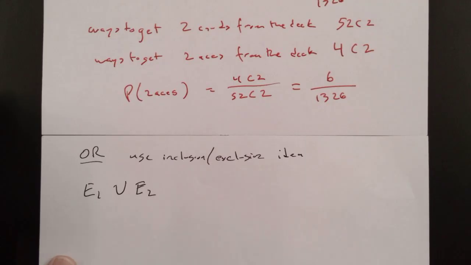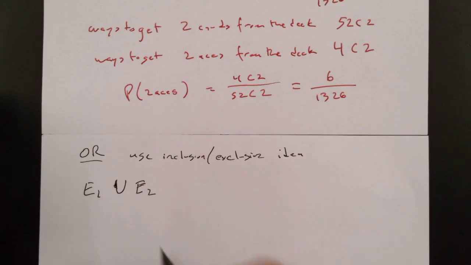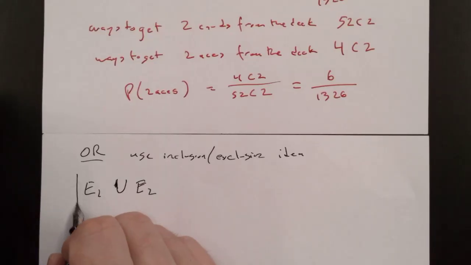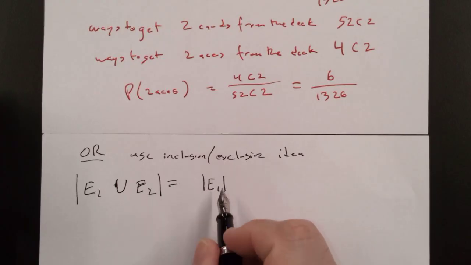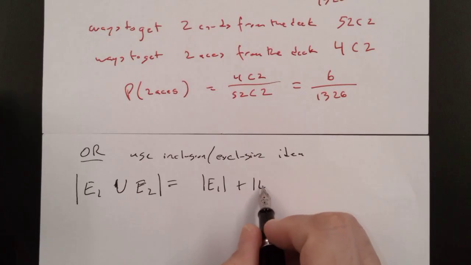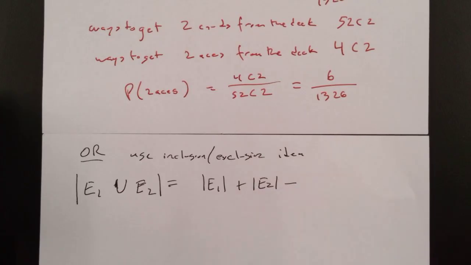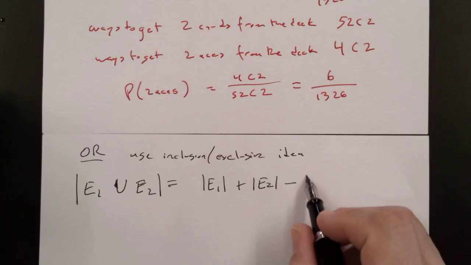I even used the union symbol from our set notation. How many things in this union of 2 sets? Oh, to count the number of things here, I count the number of things in set 1. I add the number of things in set 2. And then what do I subtract? What's in both?